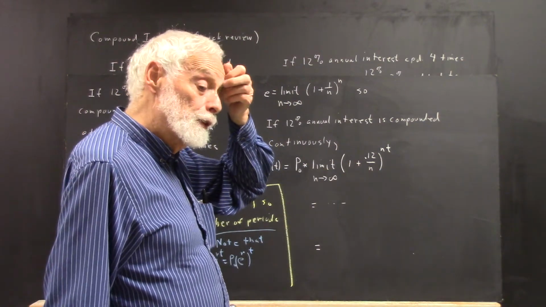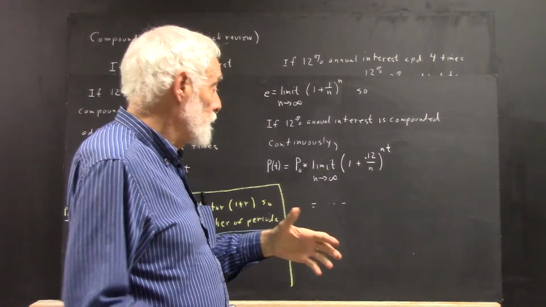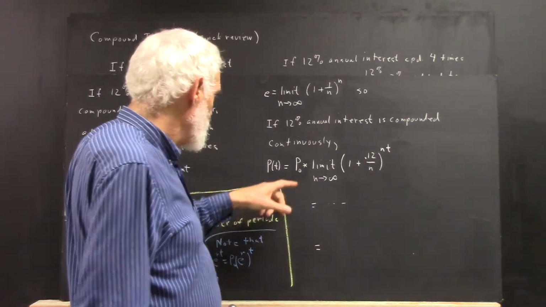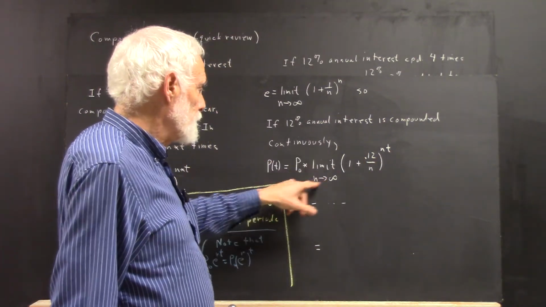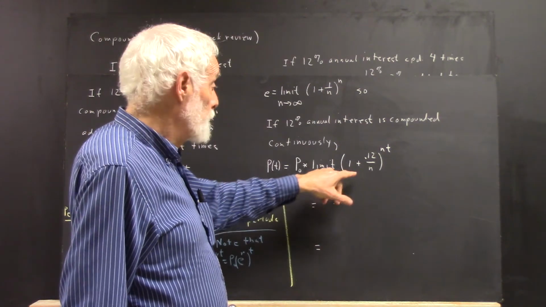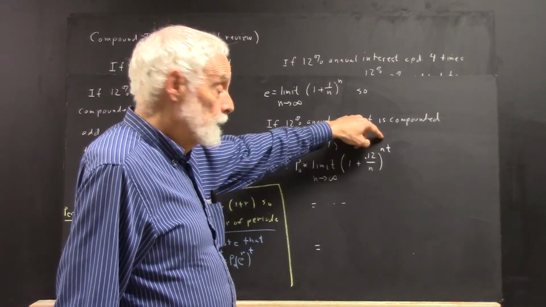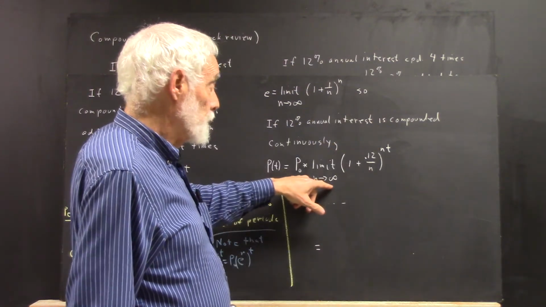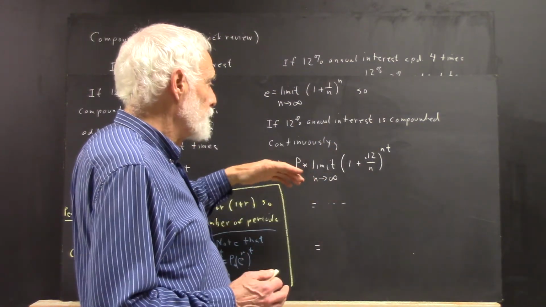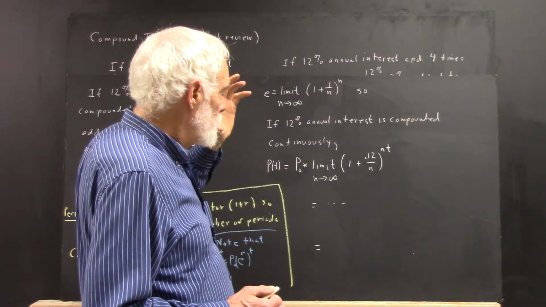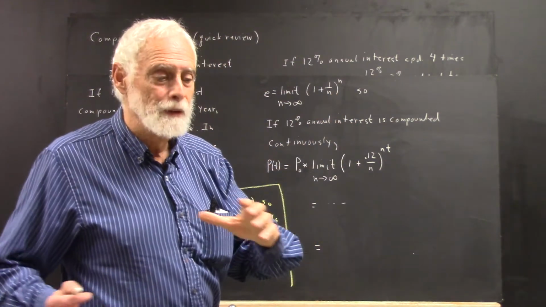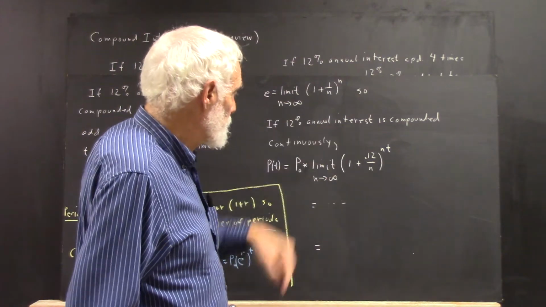Now, n never gets to infinity, but you can see what the limit as n approaches infinity is. So you get P naught times the limit as n approaches infinity of 1 plus 0.12 over n raised to the nt. In other words, it's the limit as n goes to infinity of compounding n times every year at 12%.